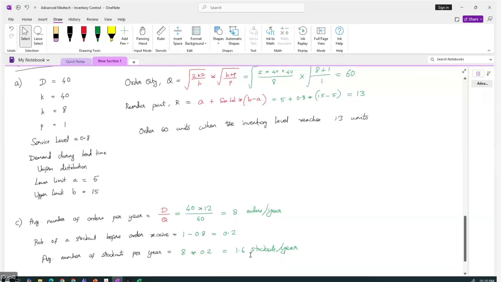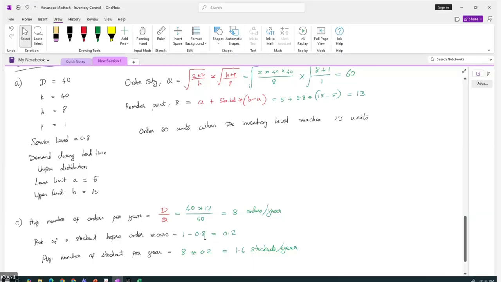If I want to avoid this stock out, what should I do? Logically tell me, if I have to avoid this stock out, what should I do? I have to increase the service level, right? Yeah. So if I increase the service level, what will happen? Accordingly, my reorder point will also change, right?